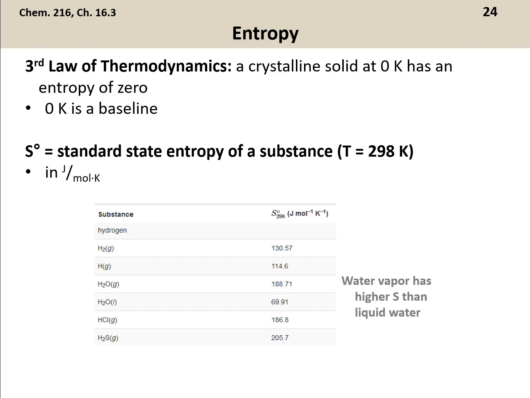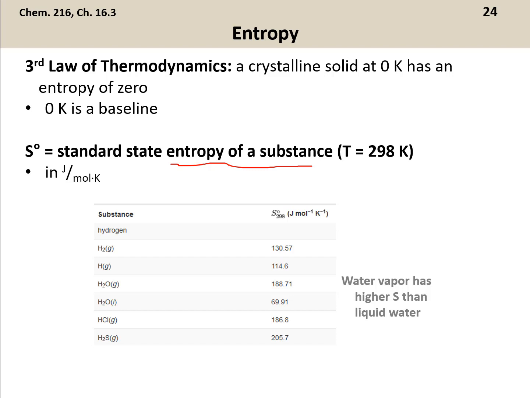Instead of having delta S, I can just say S. So I can have the standard state entropy of a substance. This is the entropy at temperature equals 298 K in relation to 0 K. Well, that's just going to be S because at 0 K, it's 0. These are in joules per mole K.